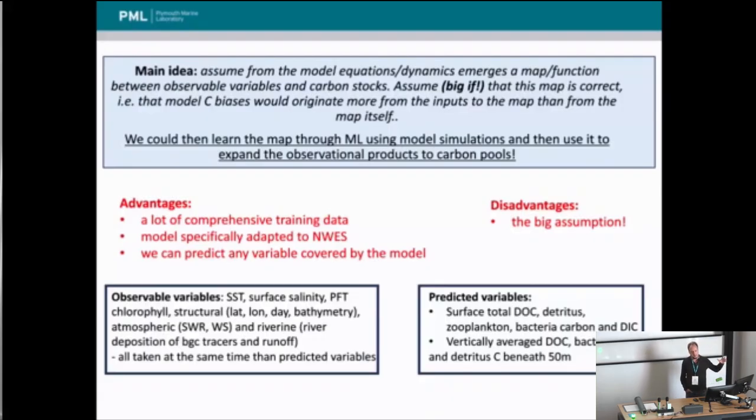We use atmospheric data from ERA5, such as wind stress and solar radiation, because these are generally considered available. Riverine discharge data, and we also use some structural data, such as latitudes and longitudes. And what we're predicting is carbon across all the main compartments in the biogeochemistry model.